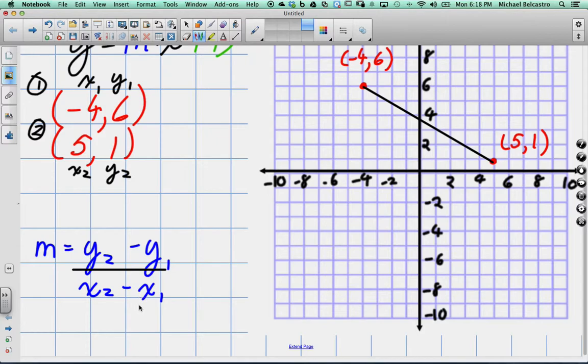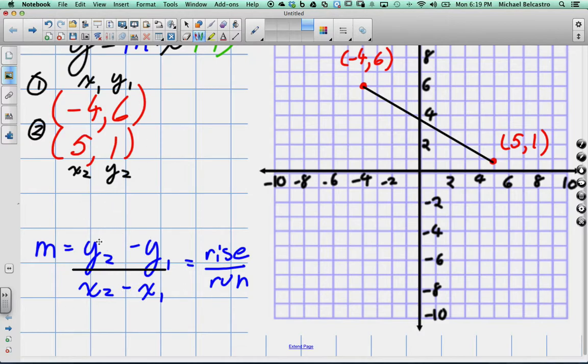Sometimes I used to have a lot of trouble figuring out what was on top, the y's or the x's. But this little saying, rise over run, always helped me out a lot. I knew rise meant vertical, up and down, and my y's are my vertical. And run meant left to right, and my x's are my horizontals. So that helped me remember that the y is over the x. This formula is really important.